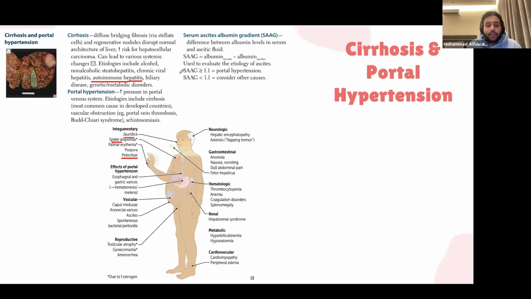How about a prophylactic drug? What drug can you give prophylactically for esophageal varices? Beta blocker. Good. Now here we already mentioned vascular, you have caput medusae, which is the distended veins. Anorectal varices, again, because of the portosystemic shunts.